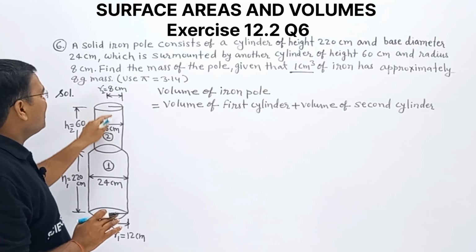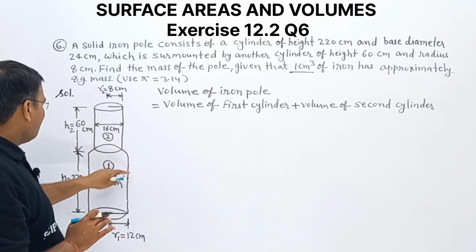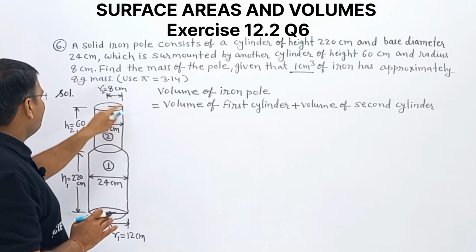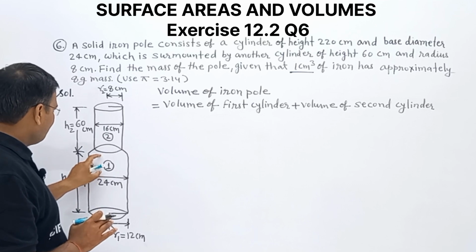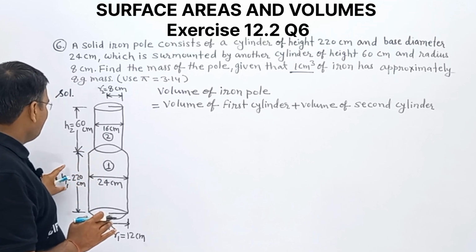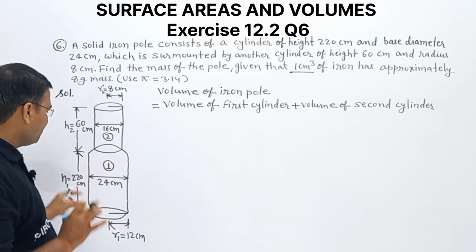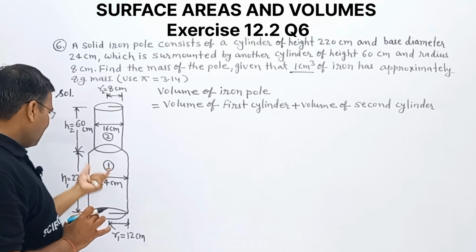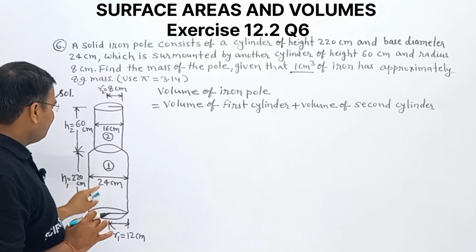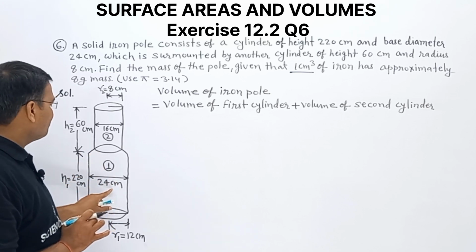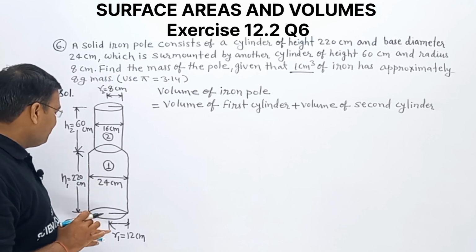So in this shape we are having two cylinders. I am taking this one as cylinder 1 and this one as cylinder 2. Cylinder 1 height is h1 equal to 220 centimeter, given in the question, and the diameter of cylinder 1 is 24 centimeter, and half of the diameter will be the radius.